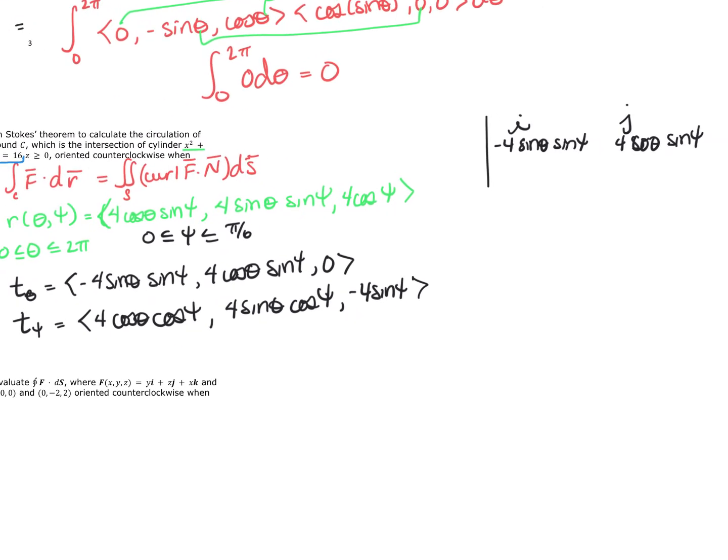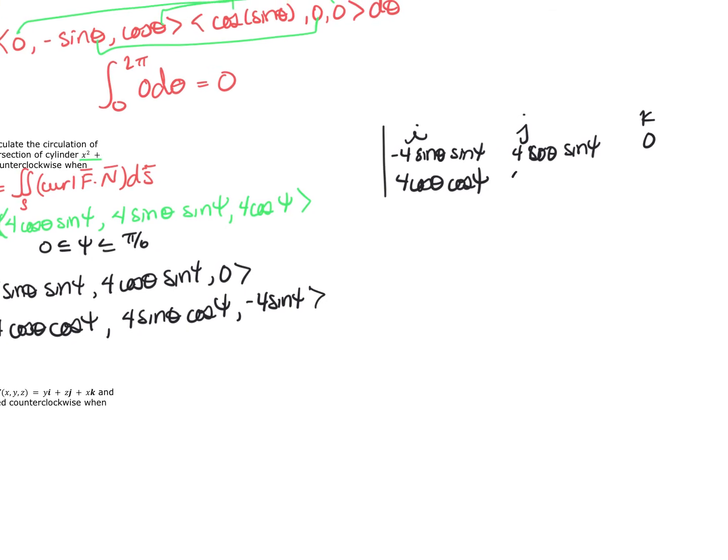My next row is going to be 4 cosine of theta cosine of phi, 4 sine of theta cosine of phi, and minus 4 sine of phi.